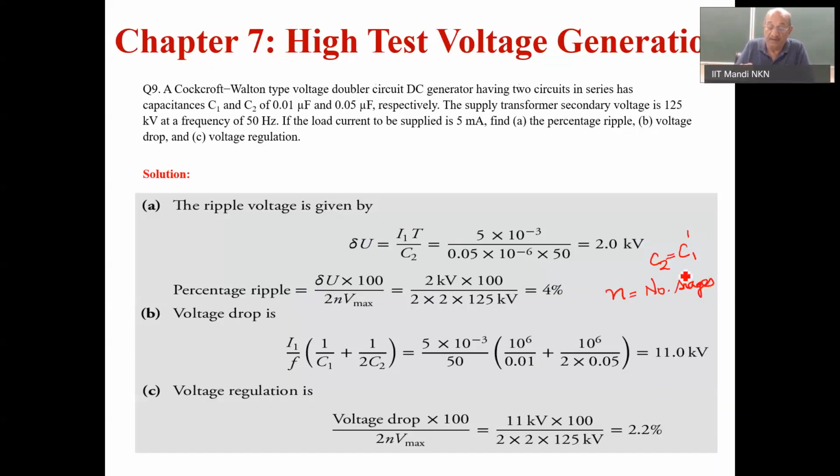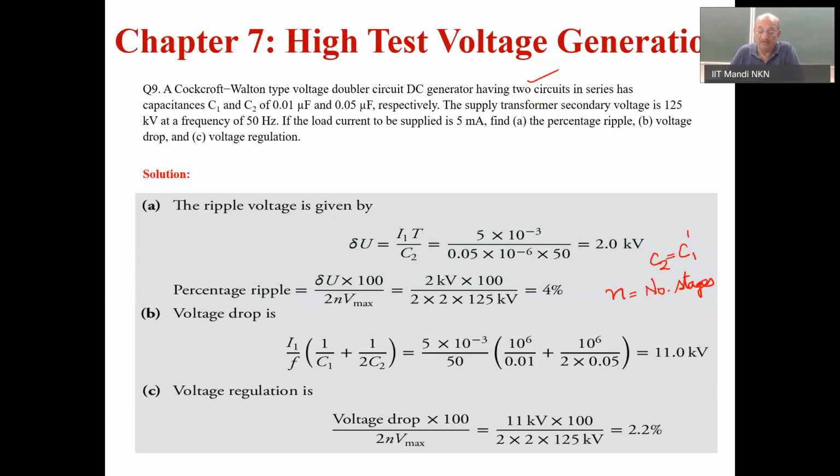And it is given in your example two circuits in series. That means the generator has two stages. So percentage ripple is delta U into 100 upon 2n V max, or U max, you can say also.